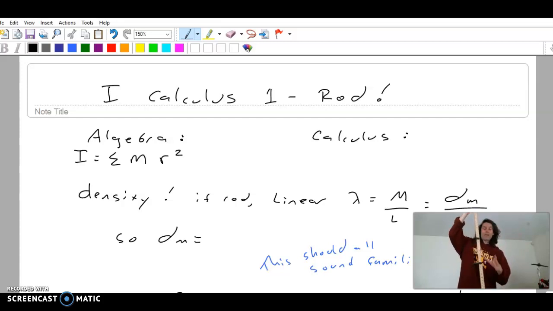To that, add the mass of this C clamp times the square of the distance it is from the axis of rotation. And then to that number, add the mass of this C clamp down at the bottom times the square of the radius it is from the axis of rotation up there.